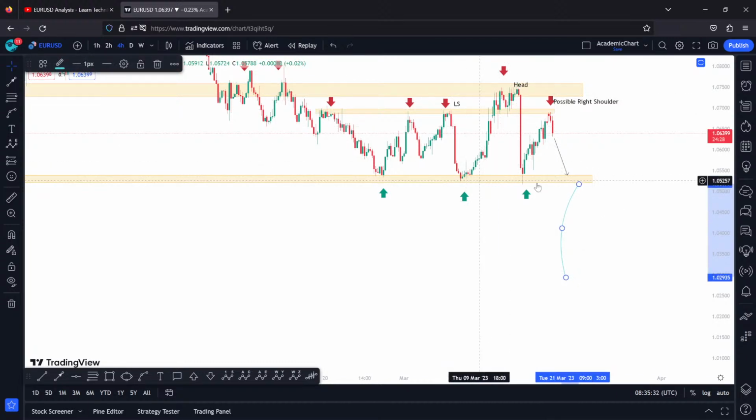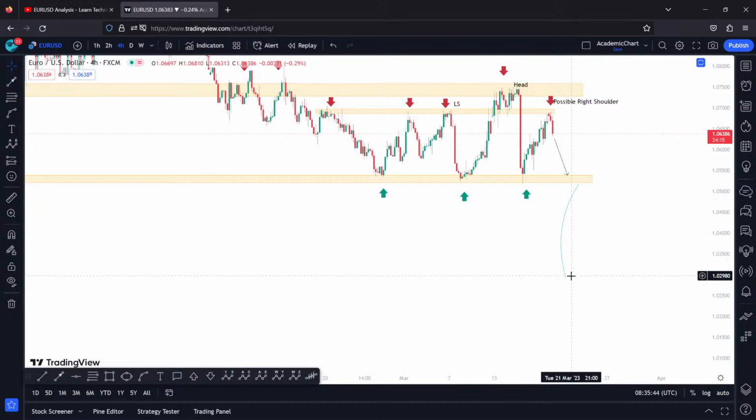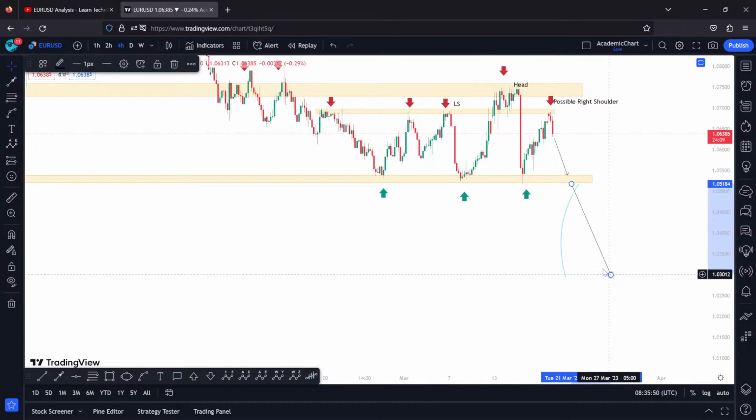The neckline is this support zone as well. After the breakout, we are going to have a continuation equal to the length of the head from the neckline, measured from this breakout point, as the target above. This will be my mid-term conclusion if that breakout happens.